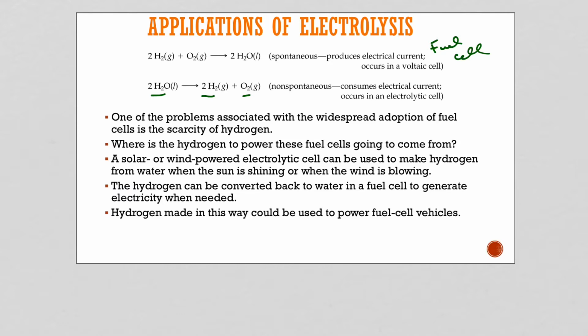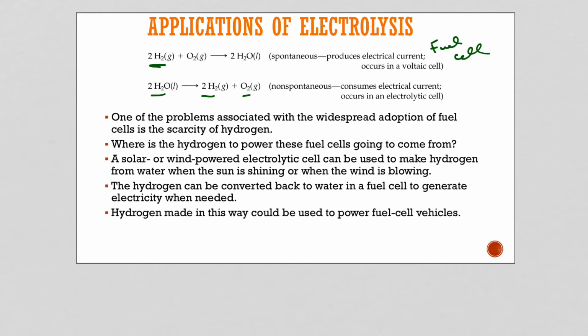Now, I talked about fuel cells, one of the issues being supply of fuel, specifically hydrogen. Well, one potential source of hydrogen that's been looked at is actually water, more specifically the electrolysis of water. So you could, in tandem, have a fuel cell connected with an electrolytic cell that would be hooked up to some source of electricity.